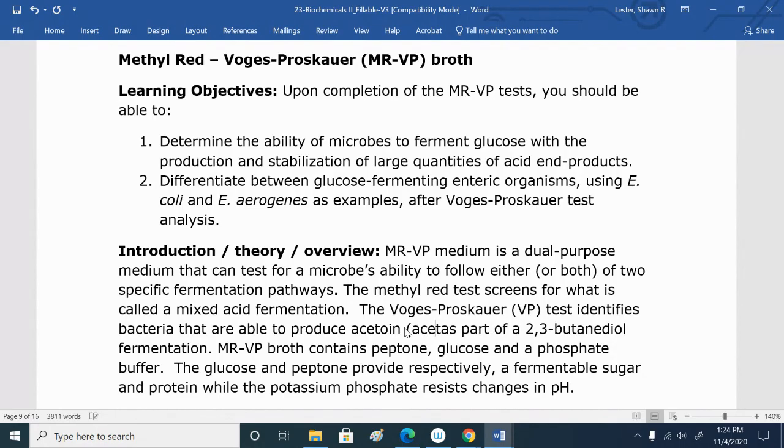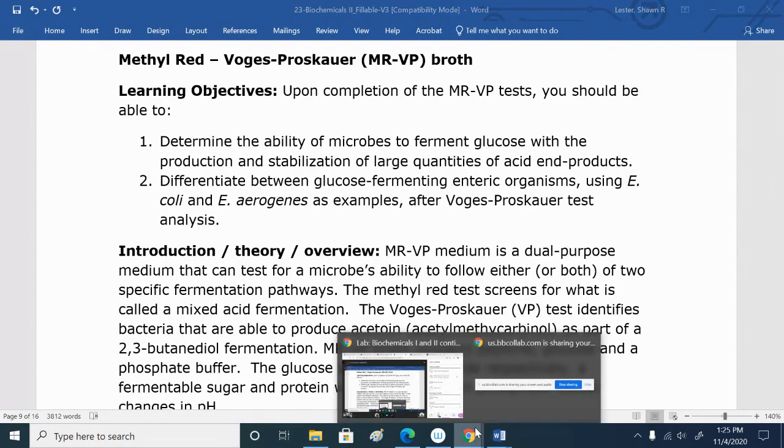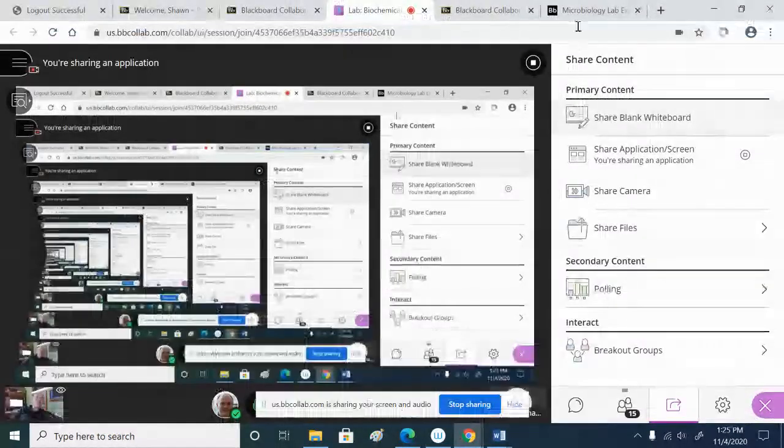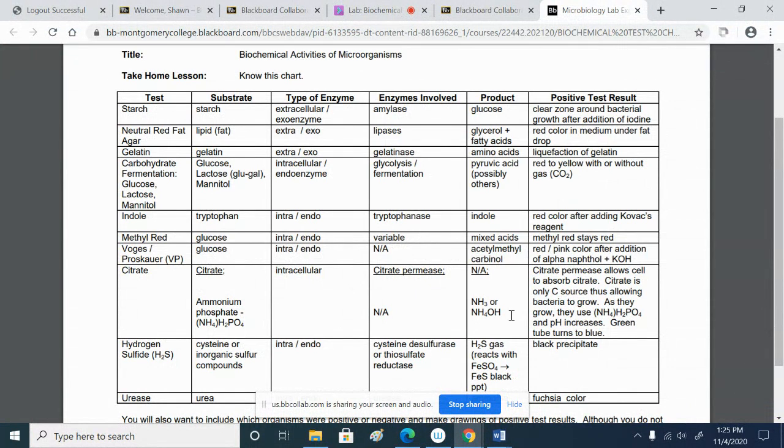Another technical term, which is on the biochemical test chart, is acetylmethylcarbinol. So I would go with the acetylmethylcarbinol because that's what's in the test chart. So here the test chart, acetylmethylcarbinol or acetoin is a sort of a more common term to refer to it.